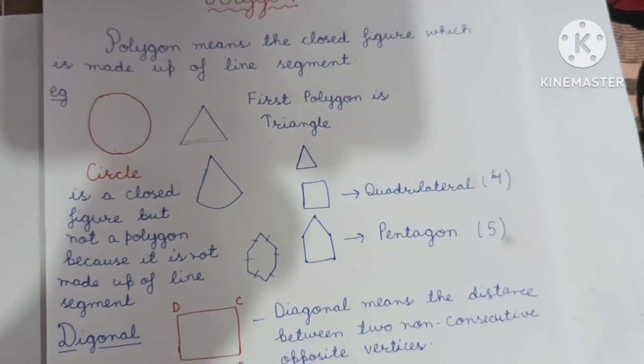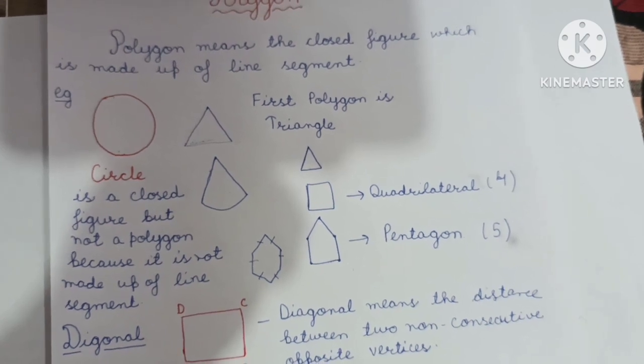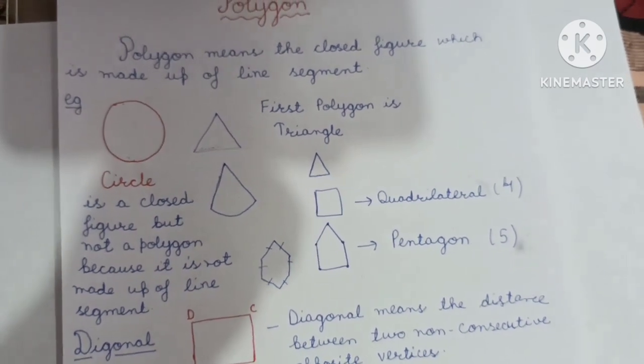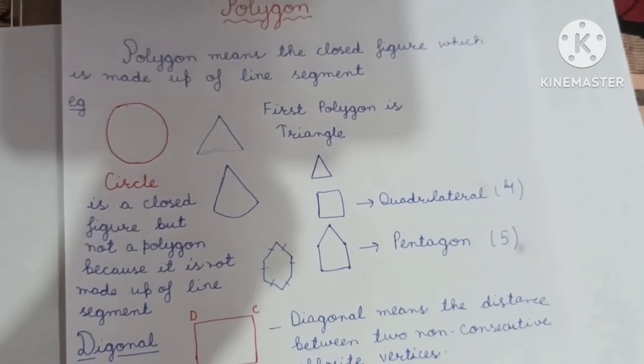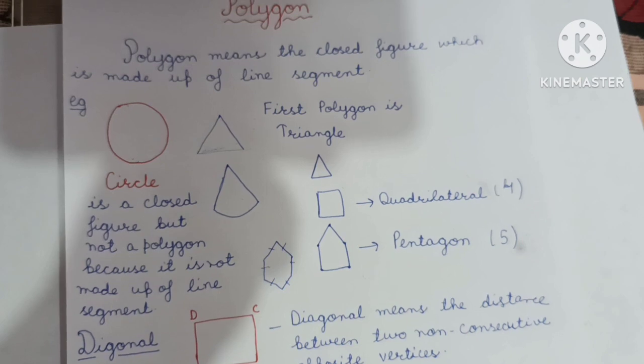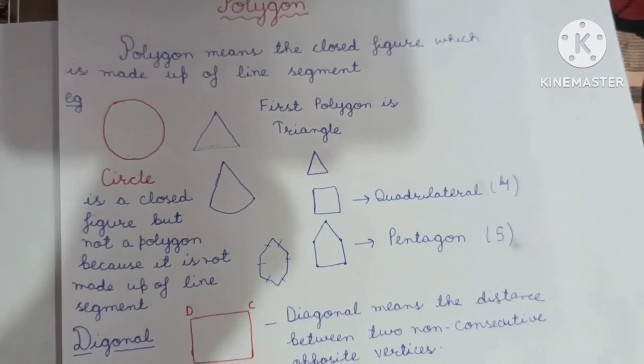If you take 7 lines, we call it a heptagon, and if you take 8 lines, we call it an octagon. 9 lines, nonagon, and 10 lines, decagon.